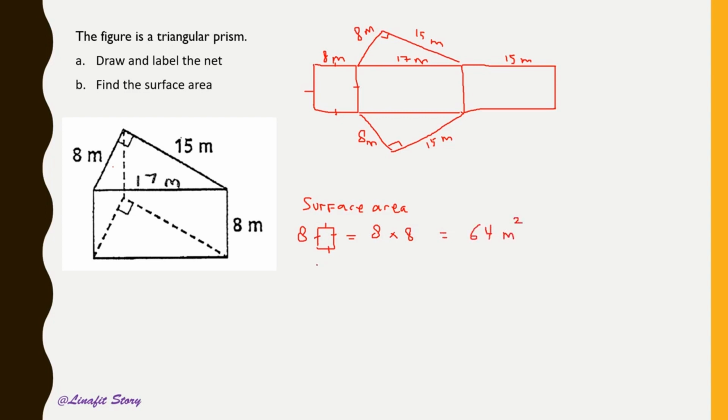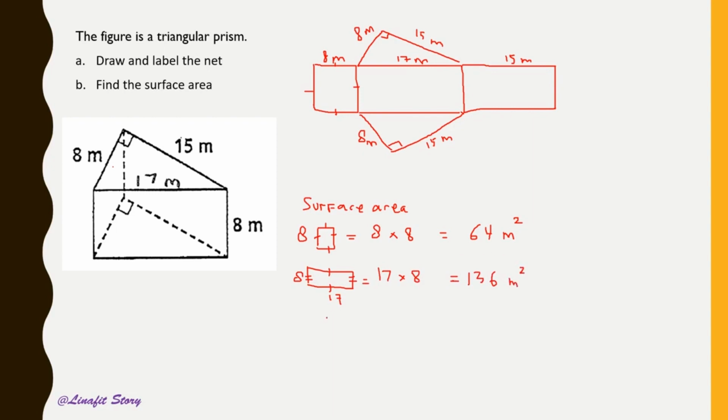And then the rectangle. The length is 17, while the breadth is 8. So length times breadth, 17 times 8 equals 136 square meters.